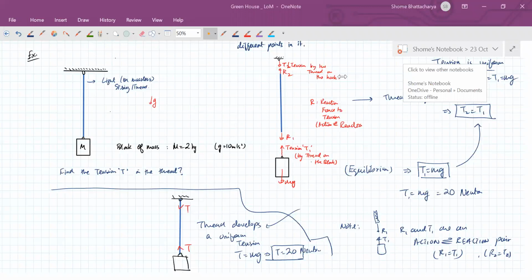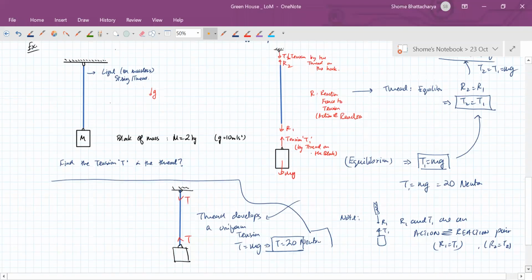As you go up the chain, the tension will be increasing. So the bottommost part will have the minimum tension, the topmost part will have the highest tension, and the tension will be continuously changing from one link of the chain to the other. But as I said, we will come to that later. Right now let us concentrate on the massless kind of variety first.